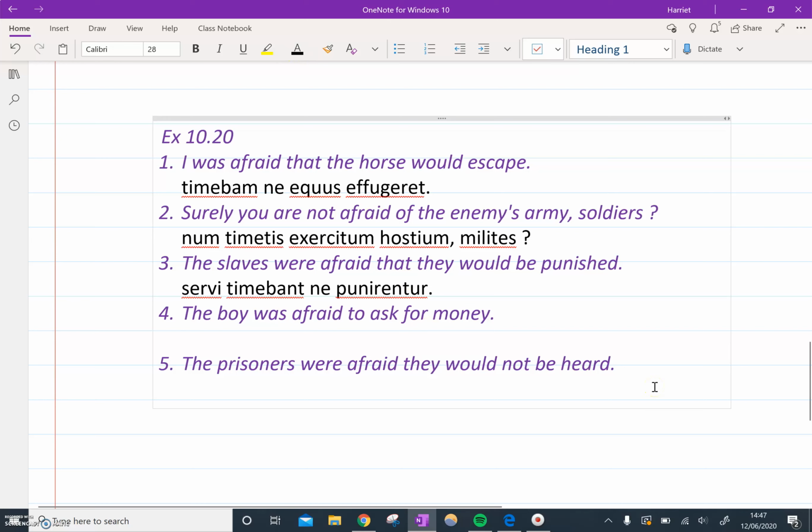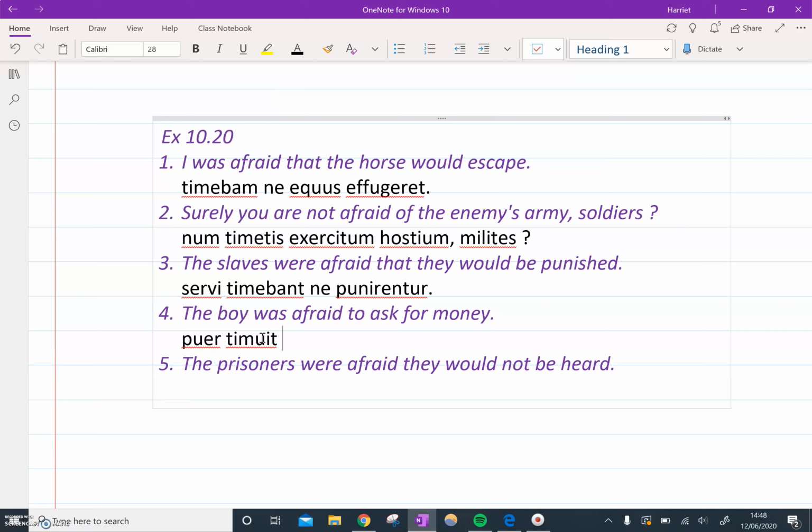Okay, number 4. Let's go for it. Right, so the boy is puer. He was afraid. Timēbat. By the way, if you want to use the perfect tense, that's fine. You can say timuit as well if you prefer. I've just been using the imperfect because I don't really know why, but it's just happened. So the boy was afraid, and then this one, there isn't a full-on clause. It's not that something would happen.